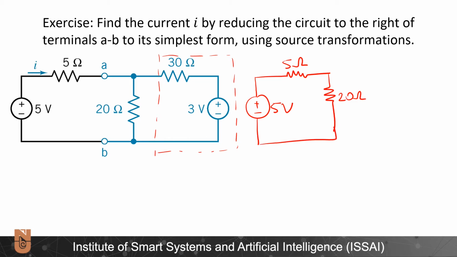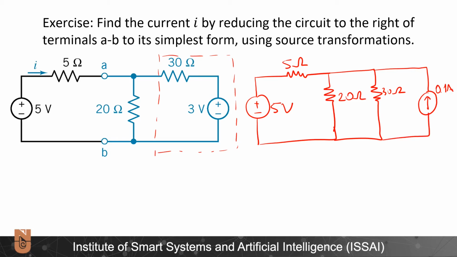The 30 ohms will be a parallel resistance, and I will have a current source with the value of 3 volts divided by 30 ohms, pointing up, 0.1 amperes.